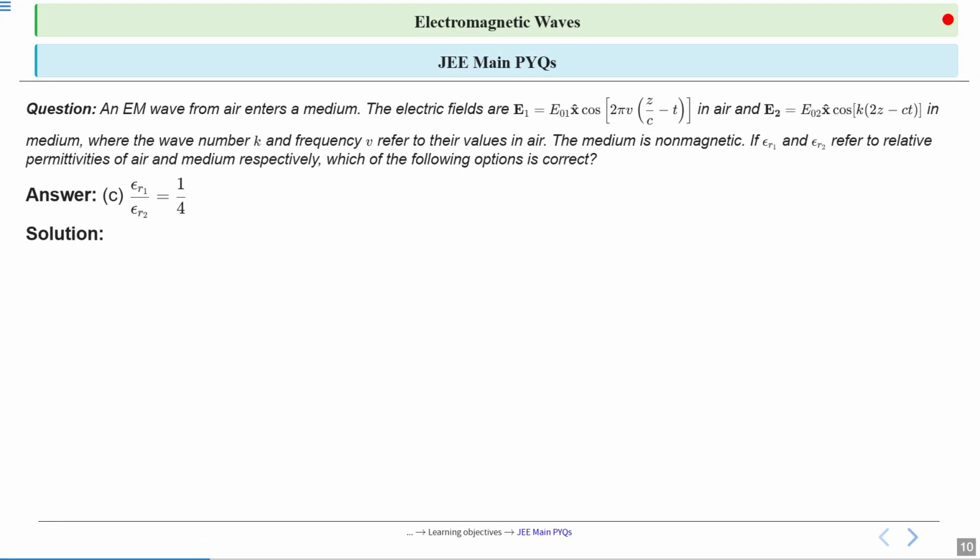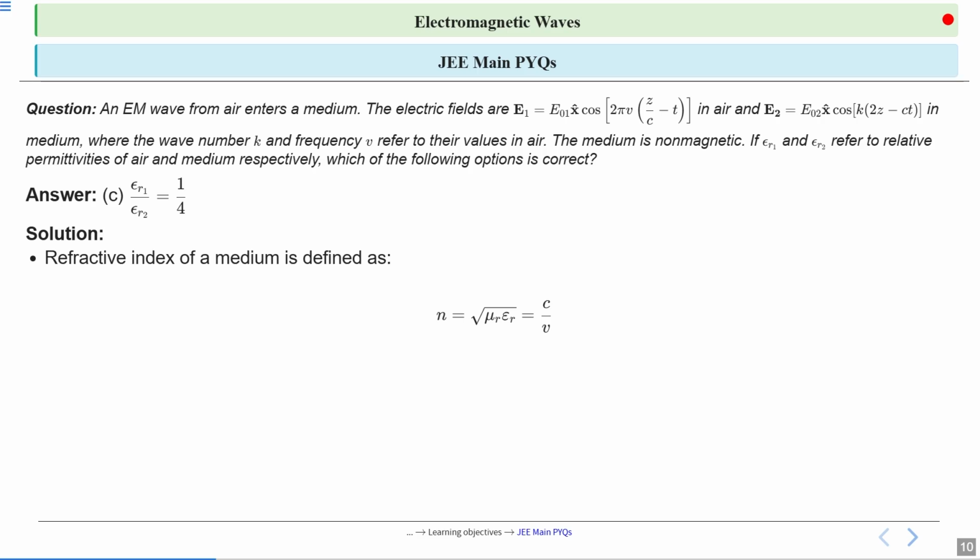C option is correct. Epsilon r1 upon epsilon r2 will be equal to 1 by 4. So the refractive index of the medium is given by, we have discussed refractive index, n equal to root mu r into epsilon r, which is equal to the ratio of speeds.